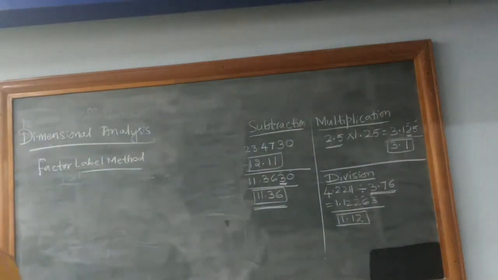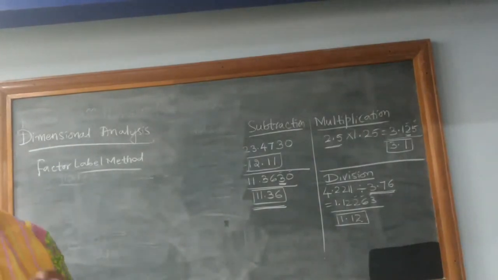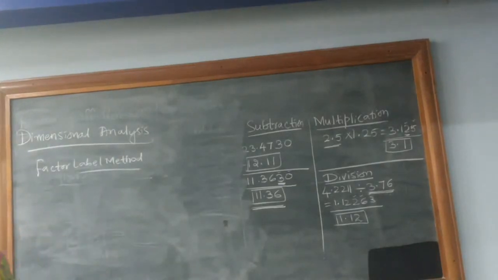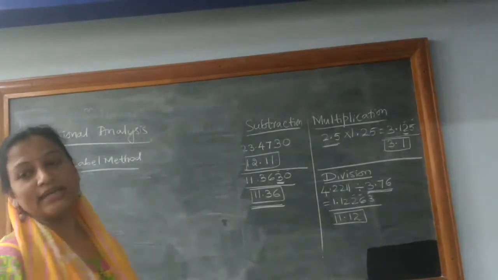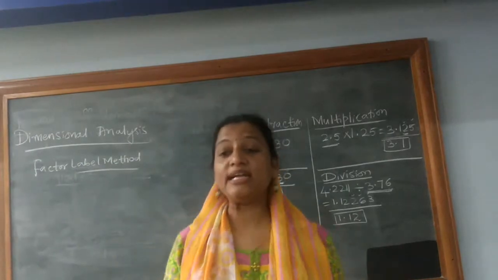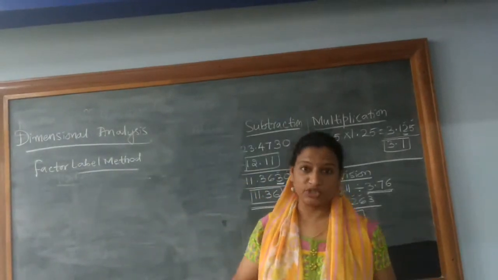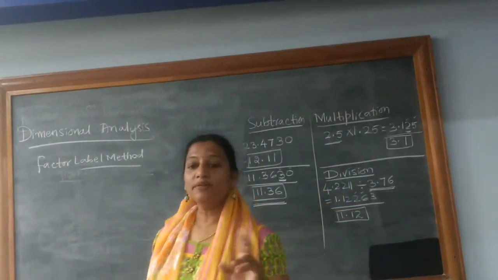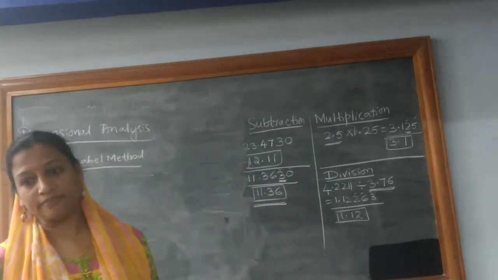Conversion factor is nothing but it is equal to the ratio of magnitude of the same physical quantity in two different units of measurement. We will be taking two different units of measurement.